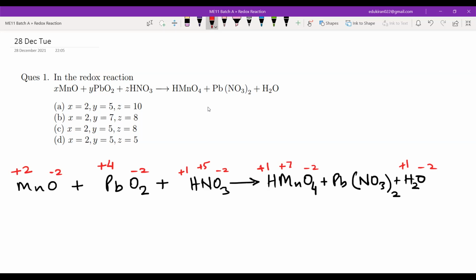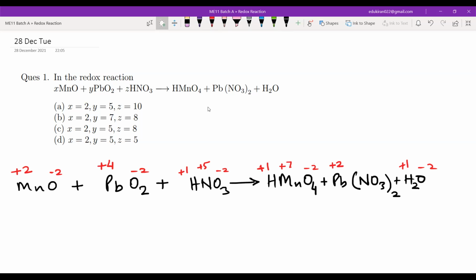Now we will see what is getting oxidized and what is getting reduced. If I go from Mn from here to here, there is an increase of oxidation number of 5 per atom. Each atom of manganese experiences an increase in oxidation state by 5.